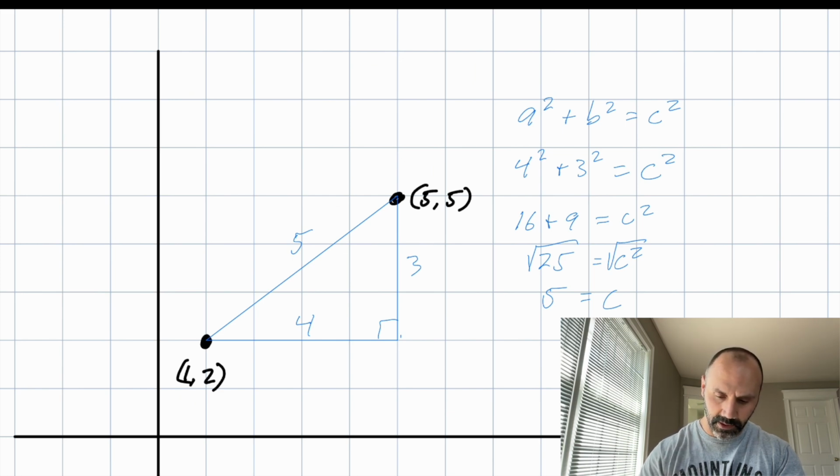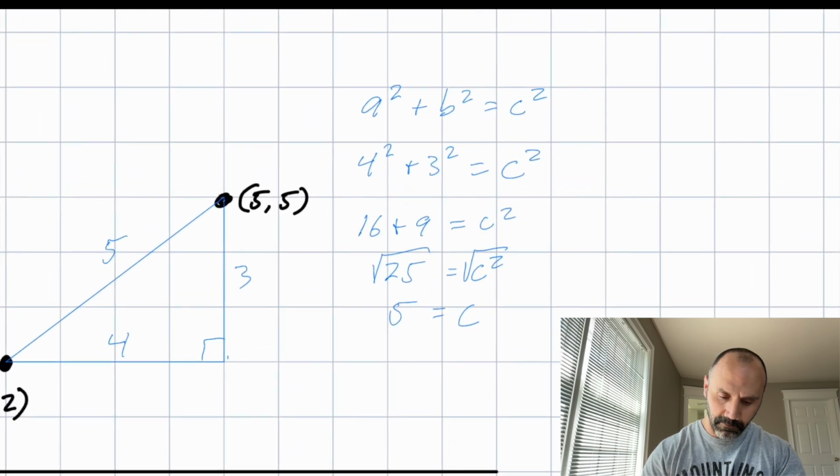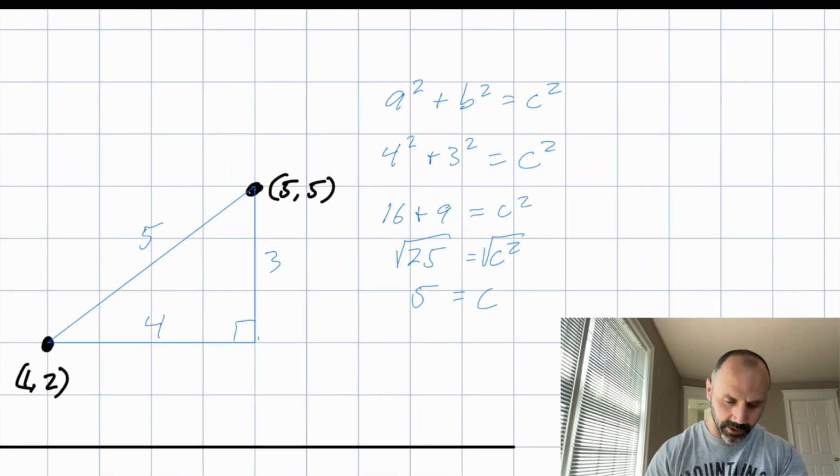Really what I'm doing is I'm taking the 2 points, right? So the 4 I can get by doing 5 minus 1. So this is like I'm taking x2 minus x1, right? That's how I'm getting the 4. And then for the vertical, how am I getting that? Up 3.